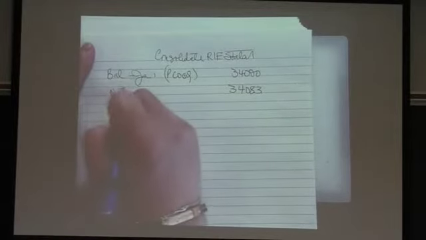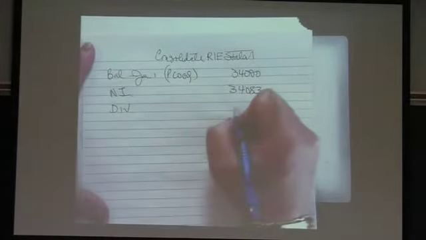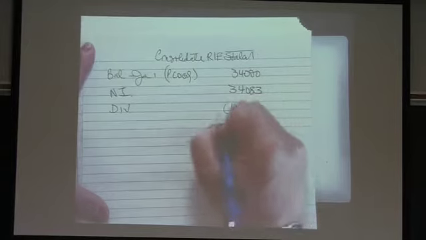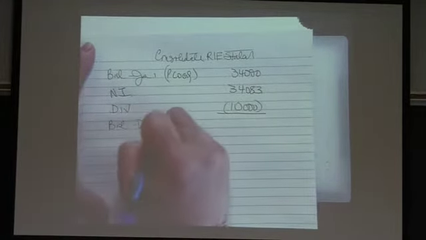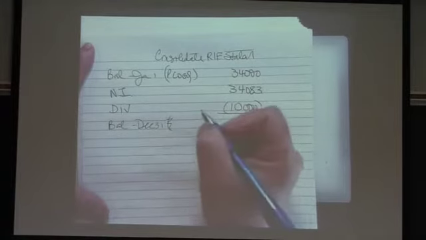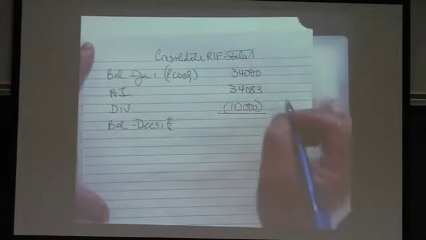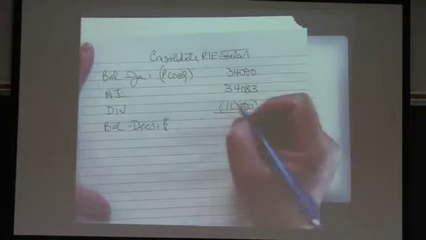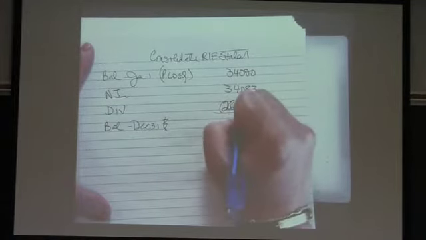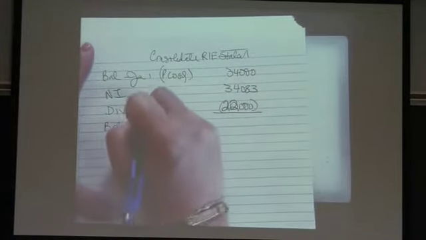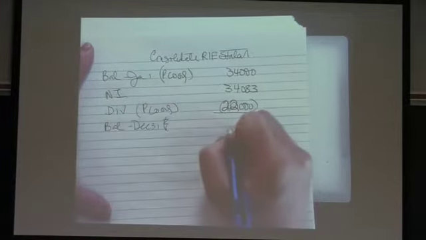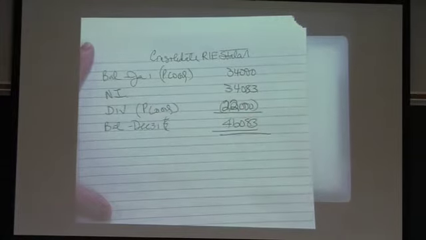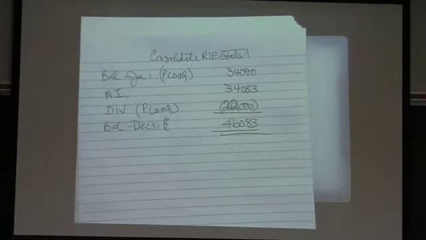Okay, and then dividends of 10,000 to give me balance at December 31st, which is 22,000. This is P company only. Okay, and this is from the schedule, right?